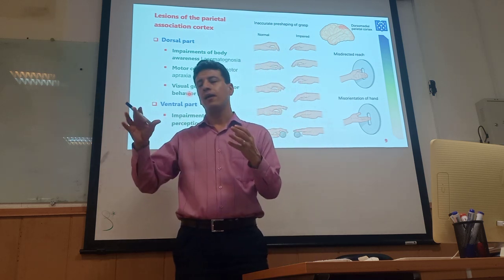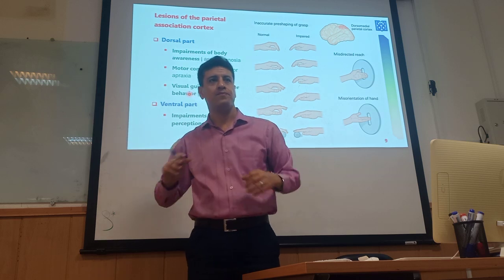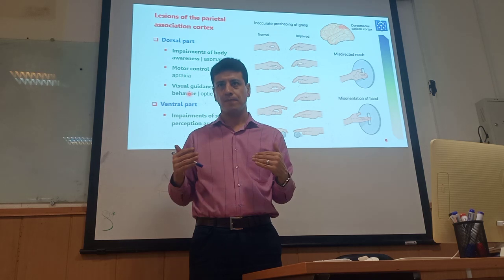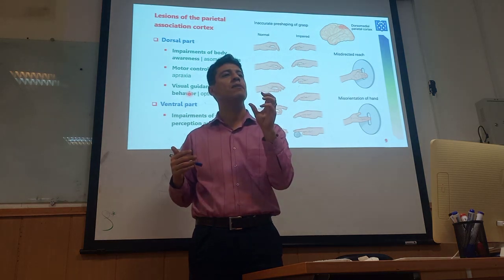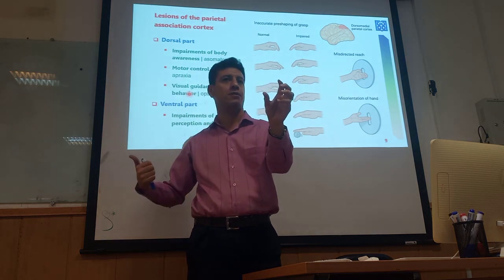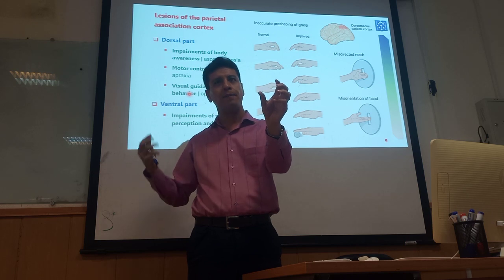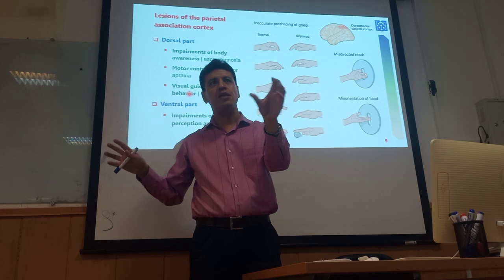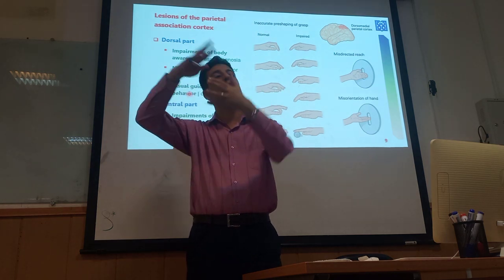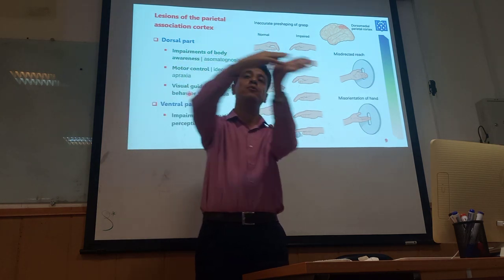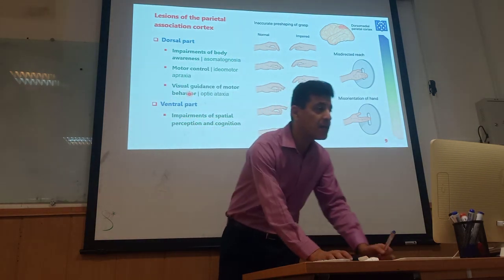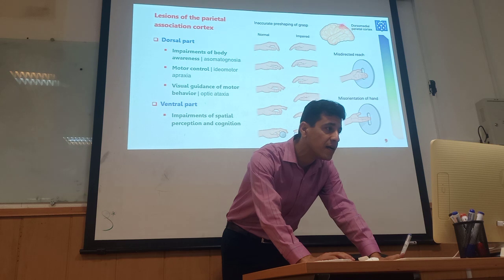Why? Because sensation is okay, motor is okay, but the connection is not okay. In order to do a movement, you need sensation. Sensation is there, but it cannot reach movement areas. Sensation should be analyzed at a higher order, then the result should reach the motor system. The area which is responsible for analysis of the sensory information is this part of the brain.